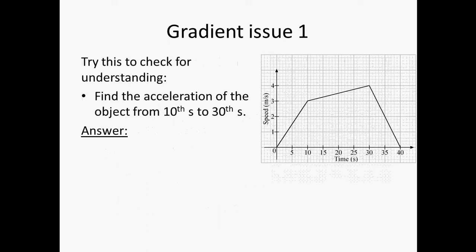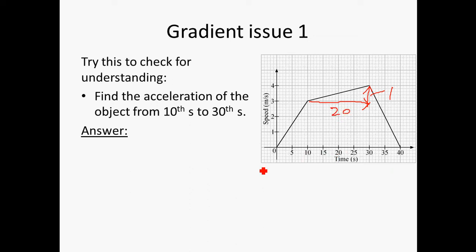Now let's check for understanding. If I want you to find the acceleration in a speed time graph from the 10th to the 30th second, how do you find it? Once again, from 10 to 30 seconds is this region. So obviously the triangle will be here and here. You have just found your rise and run. Your rise will be 1 and your run will be 20.